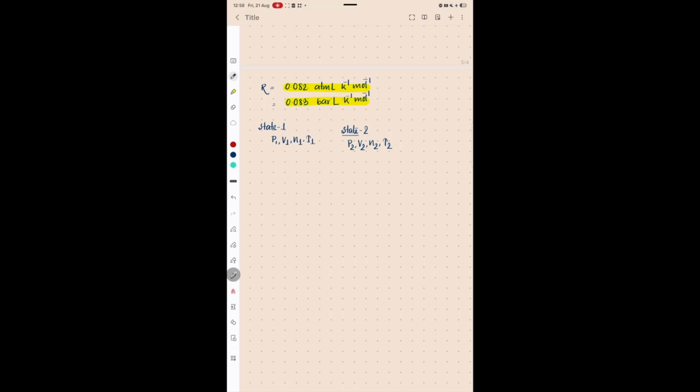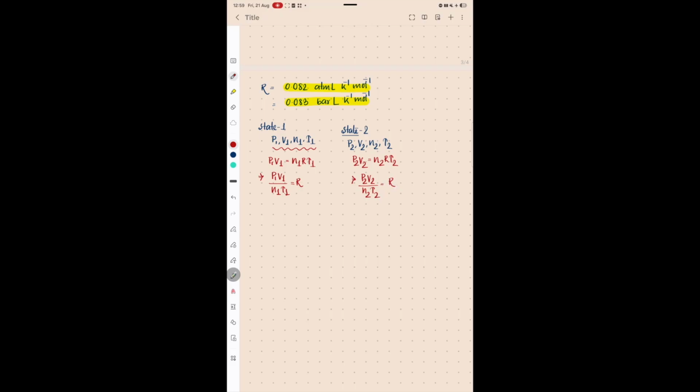Then for this, what will be the ideal gas equation? P1 V1 will be N1 R T1, and P2 V2 is equal to N2 R T2. Now from this we can derive that P1 V1 upon N1 T1 is actually R, and P2 V2 upon N2 T2 is actually R.